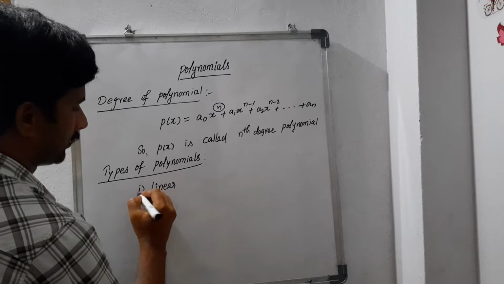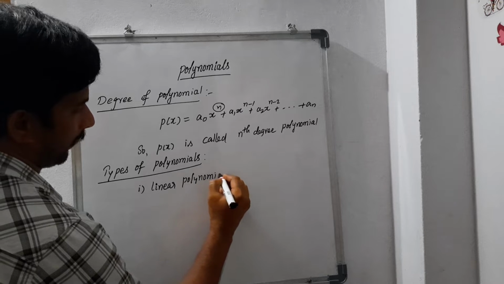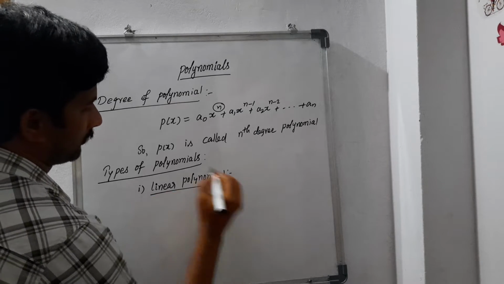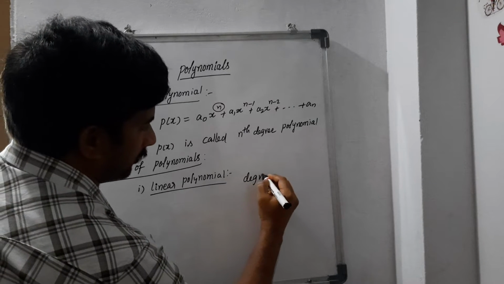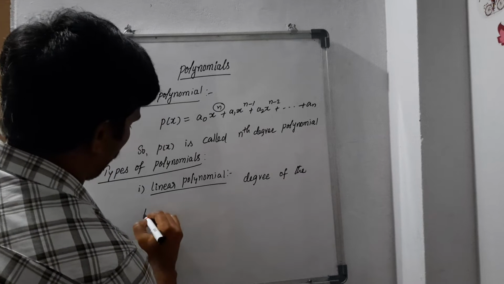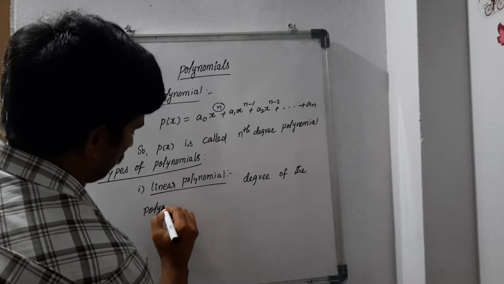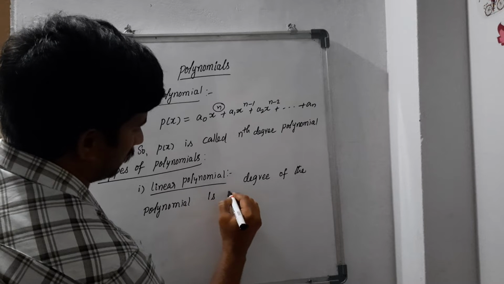First one is the linear polynomial. Degree of the polynomial is 1.